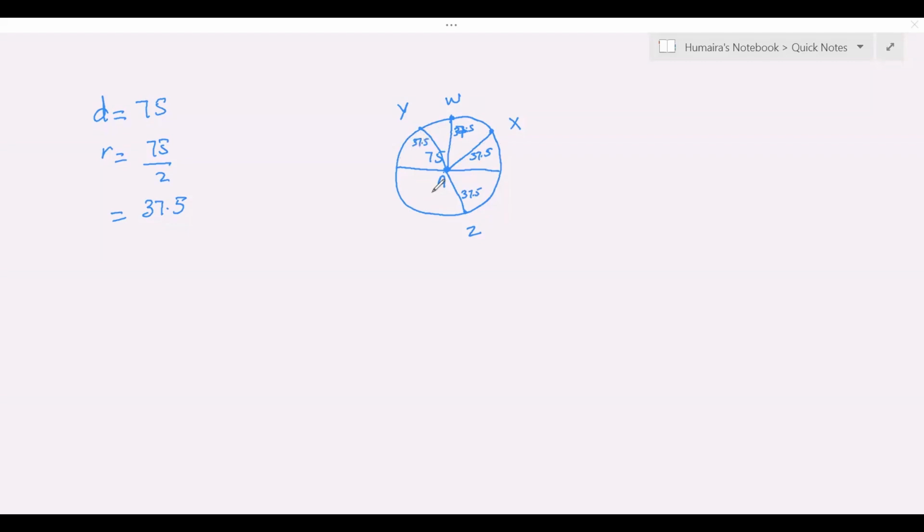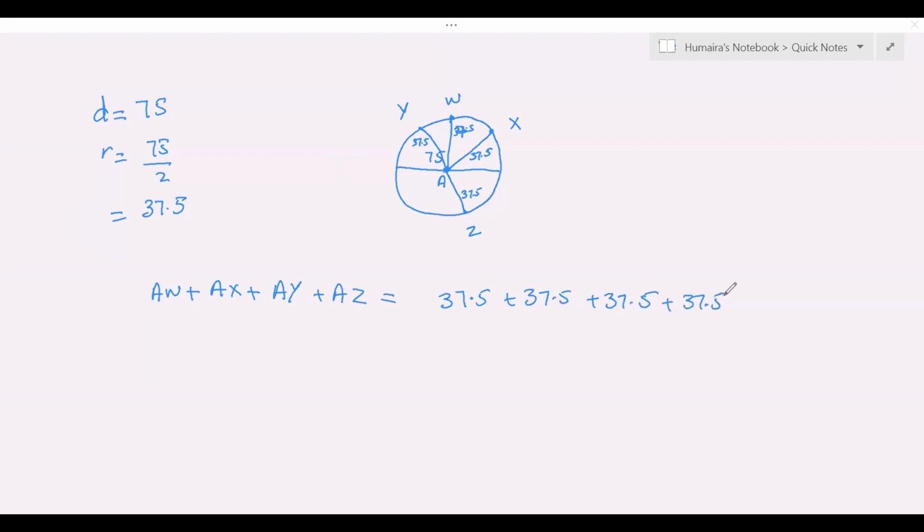Now they said we have to find the sum of AW plus AX plus AY plus AZ. It would be equal to 37.5 plus 37.5 plus 37.5 and 37.5.